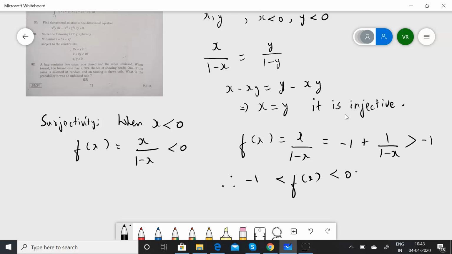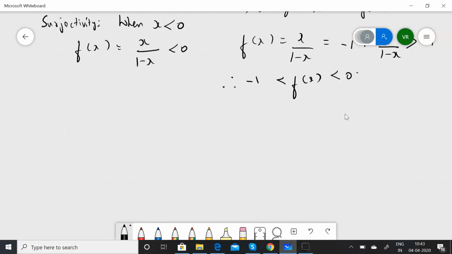Similarly, let us take y belongs to minus 1 comma 0. Let it be an arbitrary real number such that f of x is equal to y.